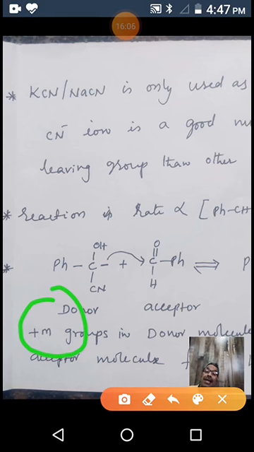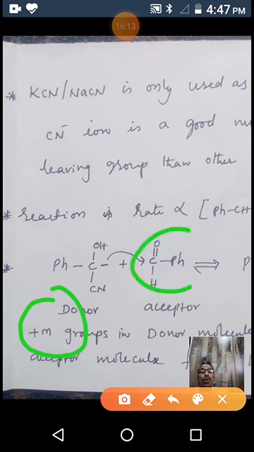That means the corresponding aldehyde acts as a good donor. In the other case, if the molecule of benzaldehyde has electron withdrawing groups like minus M, minus I groups, this type of aromatic aldehyde molecule acts as a good acceptor.